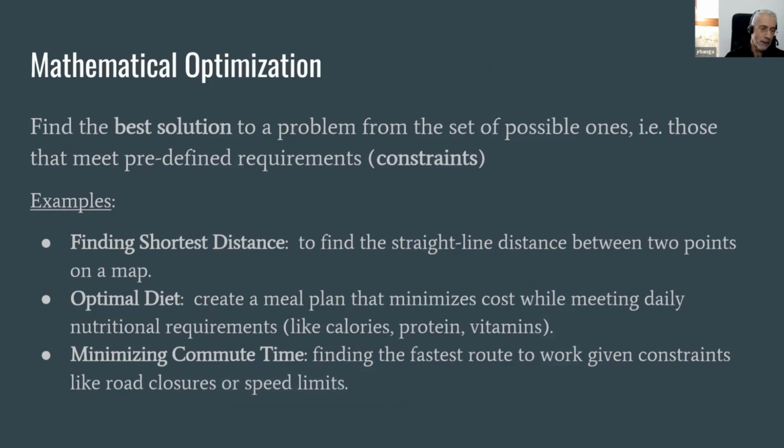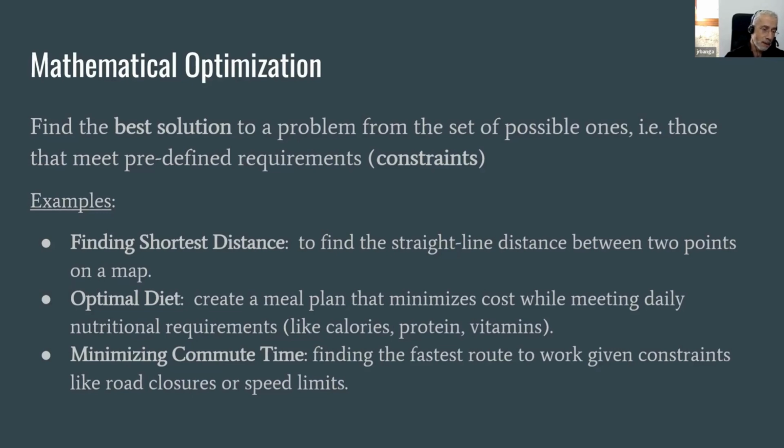Typical examples from everyday life are finding the shortest distance in a map, okay? Which is trivial on a paper map, not so much on a map on a sphere and so on. Another classical problem in optimization is the optimal diet. You want to, for example, create a meal plan that minimizes the cost while meeting the nutritional requirements.